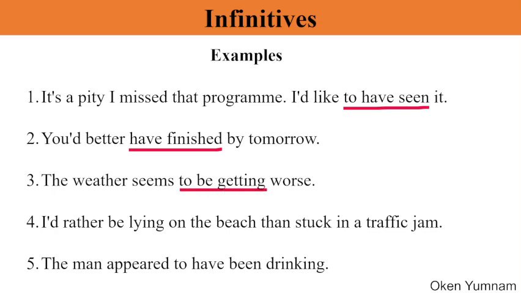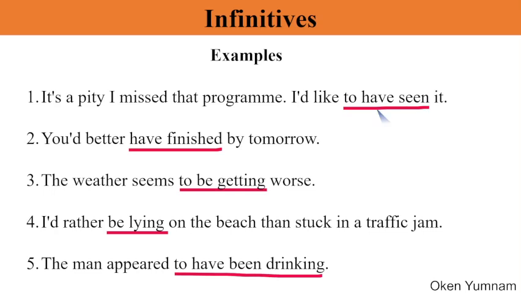Yes, to be getting is a continuous infinitive. Number four: I'd rather be lying. Yes, this is a continuous form. On the beach, than stuck in the traffic jam. The man appeared, yes, to have been drinking.